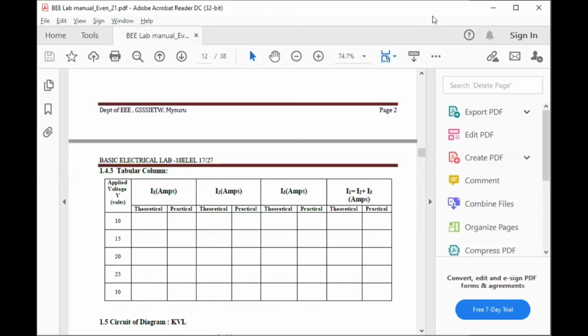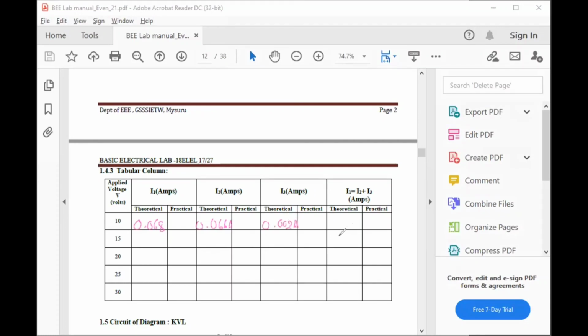Yes, I think it's visible to you. So here we can update. We have taken 10 volts, right? And the theoretical calculation, I1 what we got is 0.068 amperes, and I2 is 0.066 amperes, and I3 is 0.002 amperes.